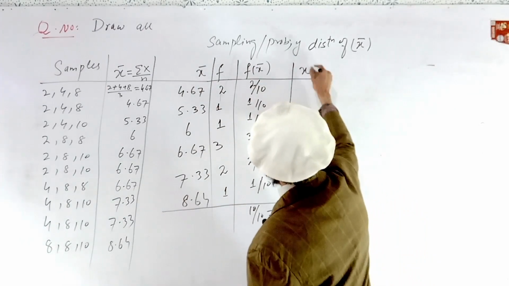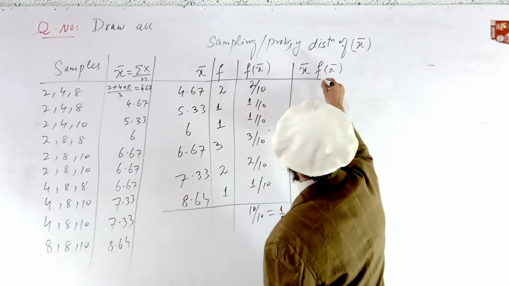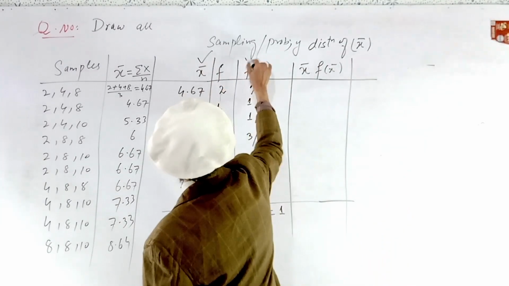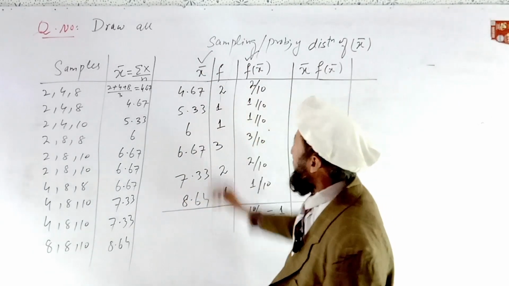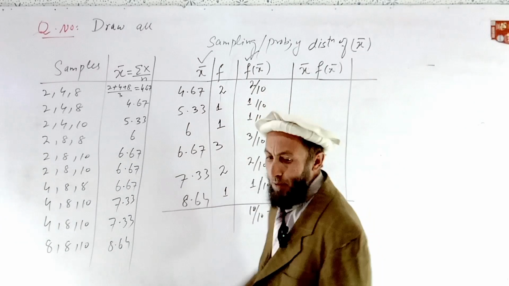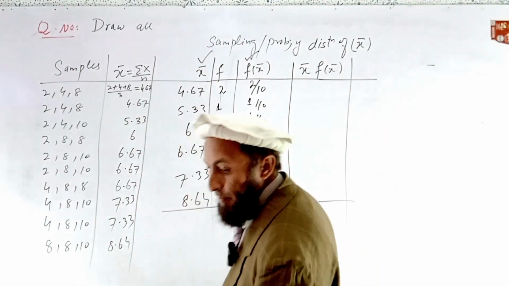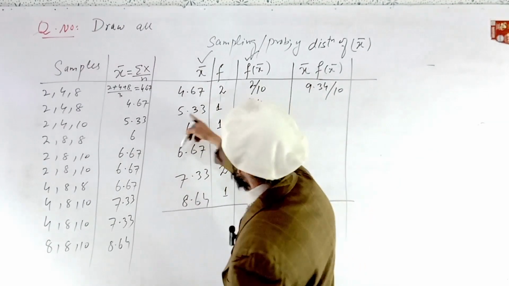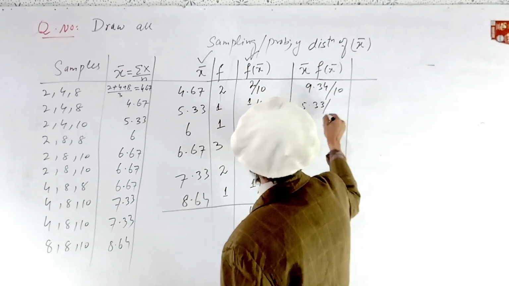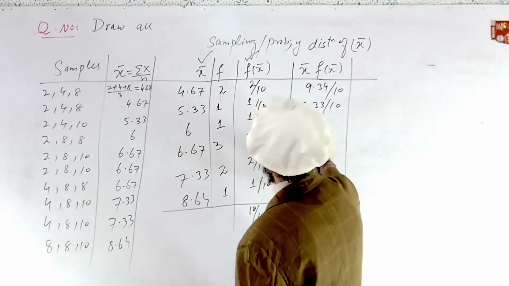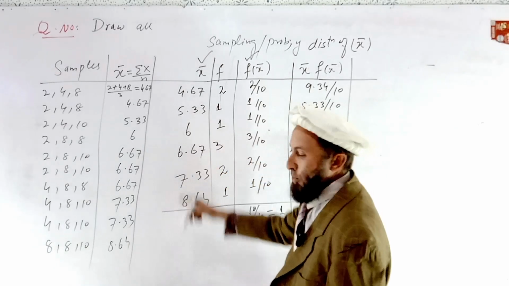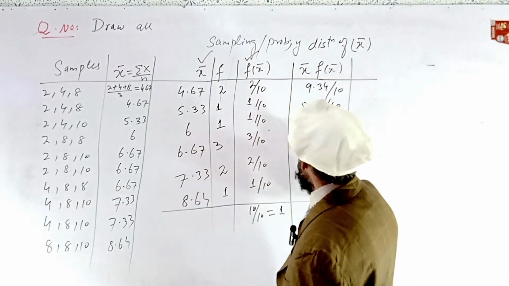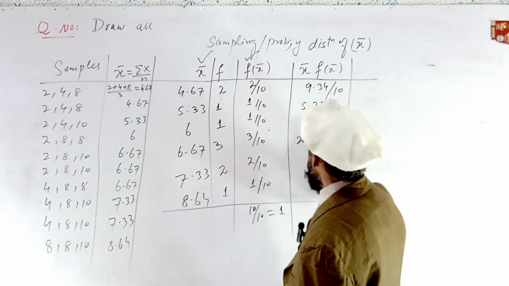Now x bar and f of x bar are required from the sampling distribution. So this column and this column are multiplied with each other. So we get the answer 4.67 multiplied by 2, we get 9.34. 9.34 divided by 10. Similarly, 5.33 multiplied by 1, 6 multiplied by 1, 6.67 multiplied by 3, we get 20.01, 20.01 divided by 10.